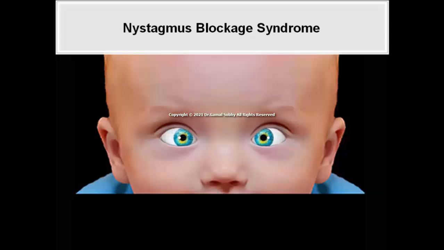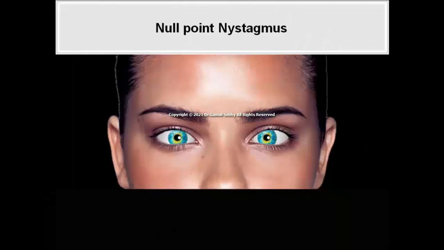nystagmus blockage syndrome. Maintaining the eyes in a peripheral gaze position by sustained innervation of yoke muscles involved in lateral, vertical, or oblique gaze causes dampening of the nystagmus. Visual acuity usually improves with the eyes in this peripheral gaze position, termed the null point, and therefore the head shows anomalous head posture.